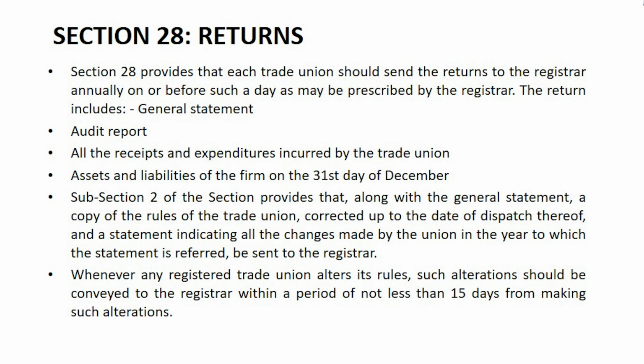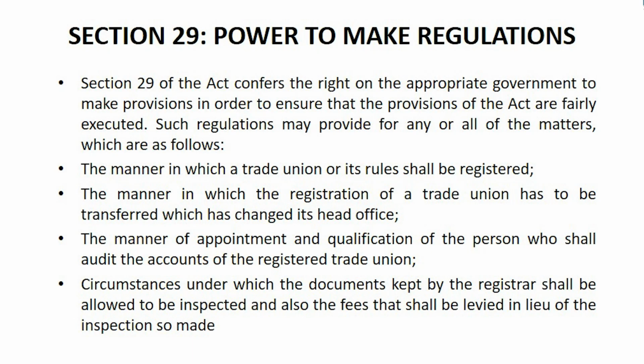The return includes a few very important things. In the return, they will give the audit report, all the receipts and the expenditure incurred by the trade union, and the assets and liabilities on the 31st day of December. It means they give all the details of what has been spent for the functioning of the trade union.